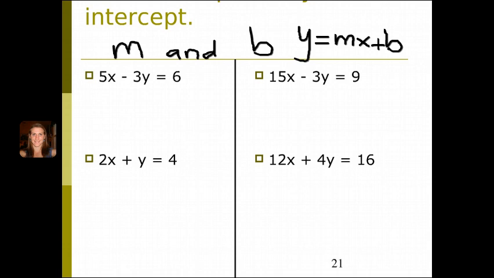Due to a lack of space, I'm just going to cancel out these bottom two problems. So we're only going to be doing the top two on this slide. So the first thing I want to do to solve this equation for y is to subtract 5x from both sides.